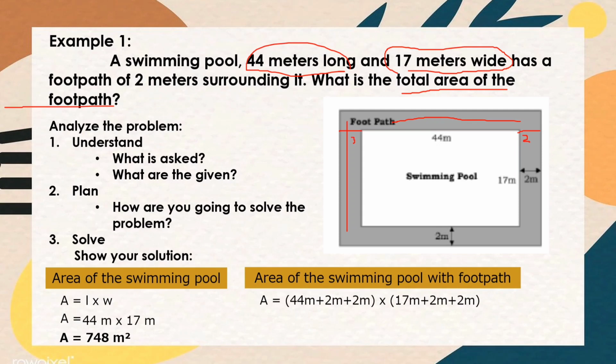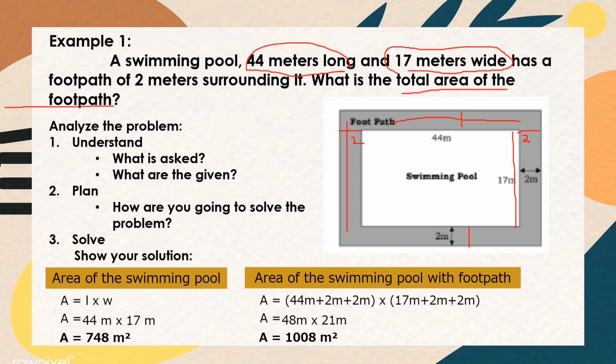So, that is 48. Okay. And then, sa 17 naman, to get that one, so that is 17 meters. Ito siya, diba? 17 meters. So, mag-add tayo ng another 2 meters, and then mag-add tayo ng another 2 meters. So, we have here 21. So, 48 times 21 meters. So, the answer will be 1,008 square meters.